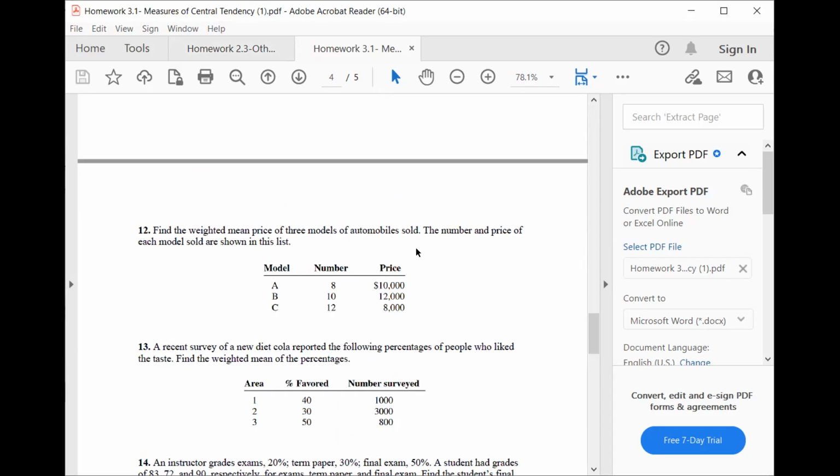Okay, so what I did was use the weighted mean formula. So I did X bar equals 10,000 times 8, plus 12,000 times 10, plus 8,000 times 12. Then on the bottom, I added my W's and I got 30,000. And so you divided by?